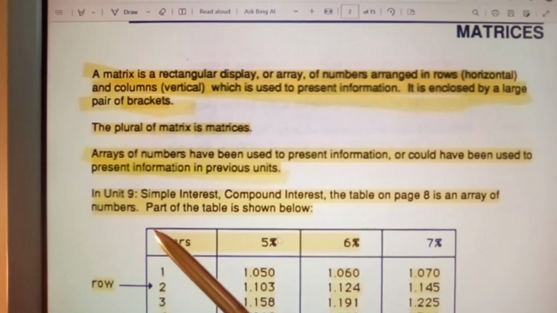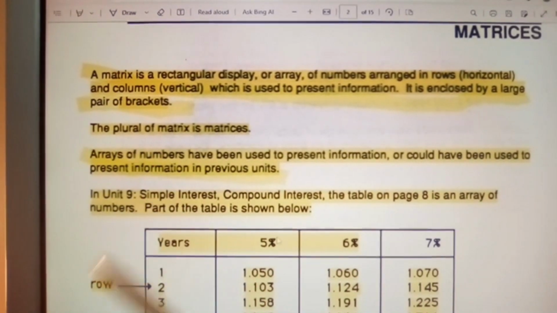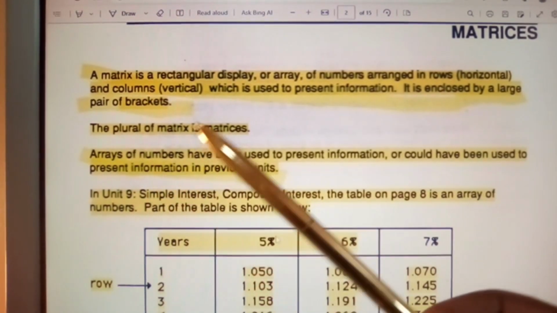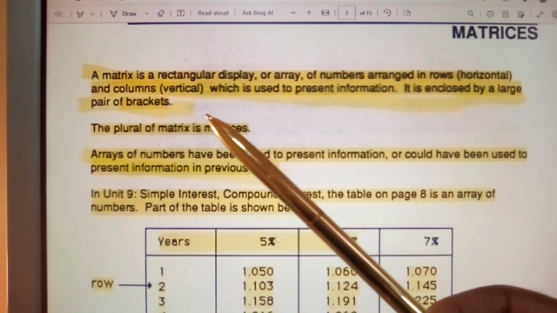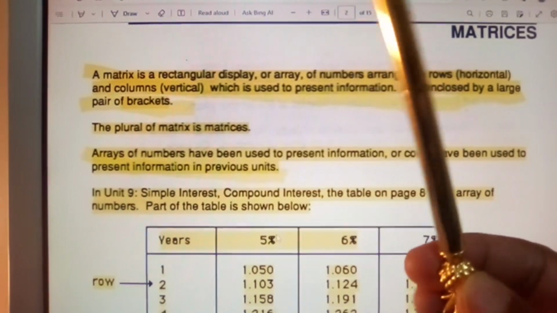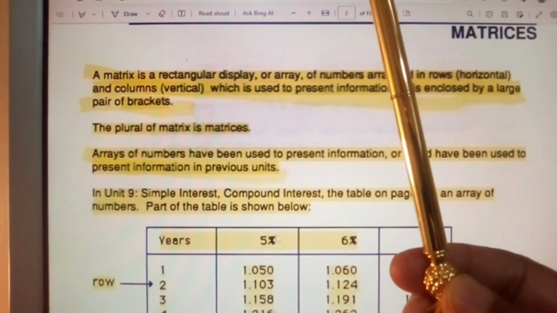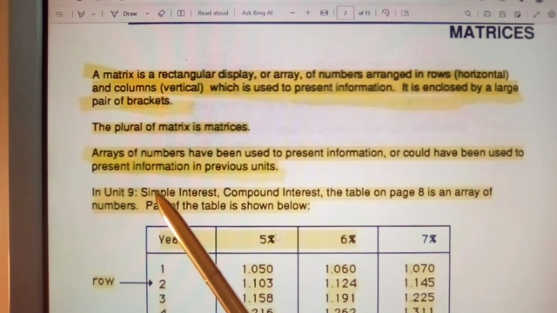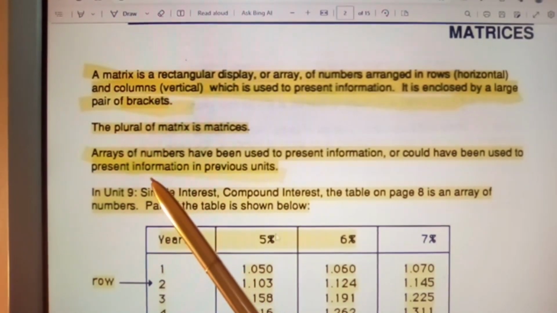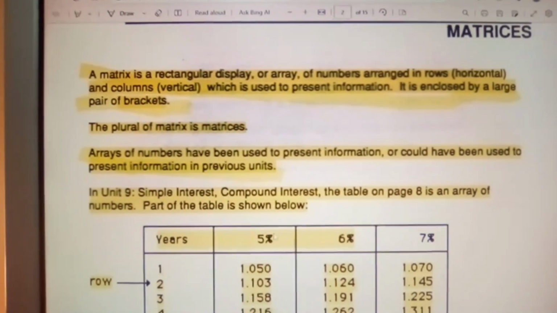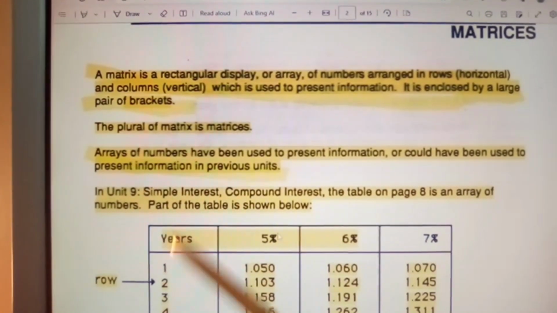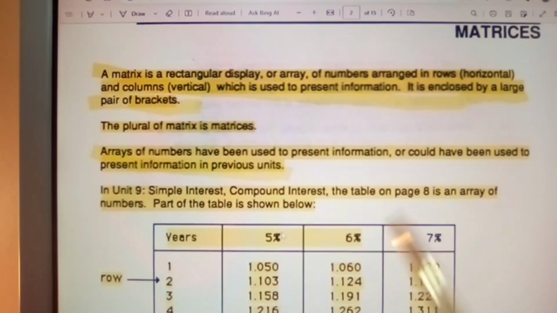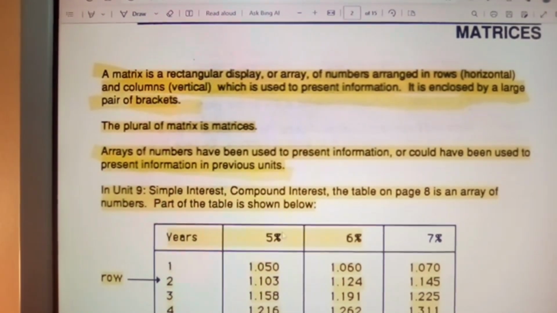In Unit 9, we referred to simple interest, compound interest, and so on, but you have not done Unit 9, so that will not be relevant to you.